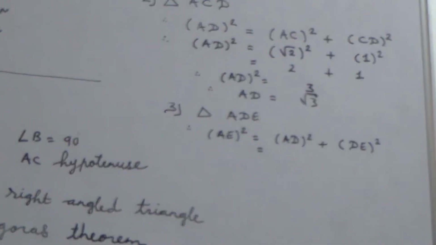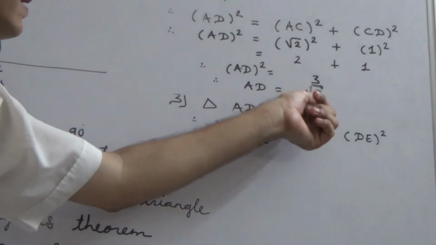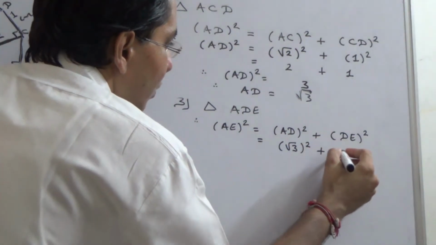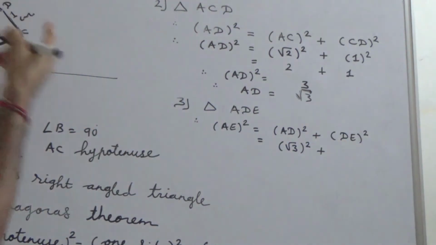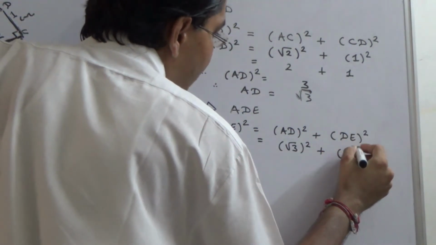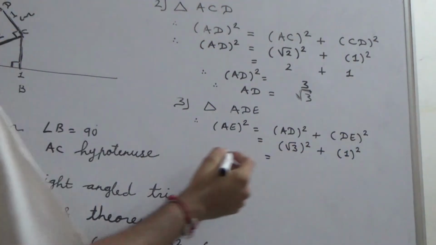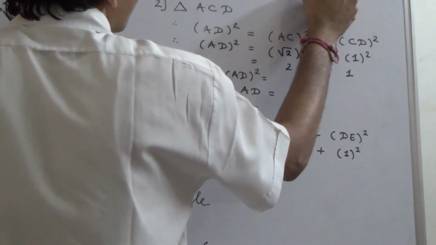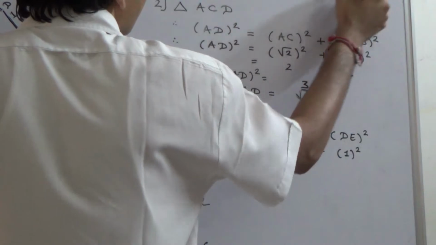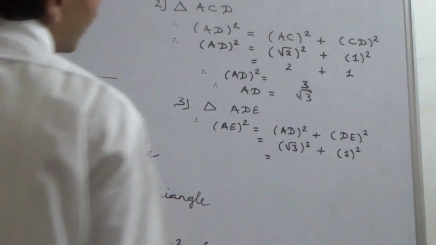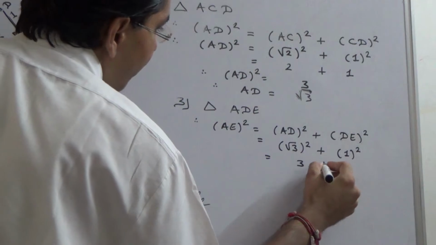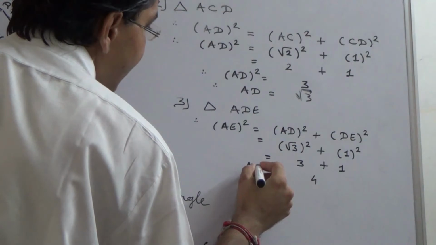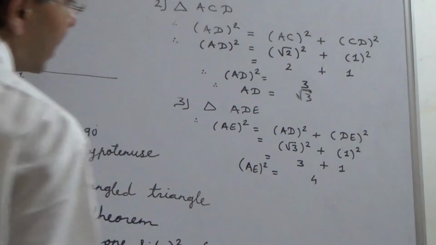The value of AD is square root 3. So if I place the value of AD, square root 3 square, plus DE square, which is 1 square. Square root 3 square means square root 3 into square root 3, so the square is gone and you get 3. So this is 3 plus 1, which is 4.